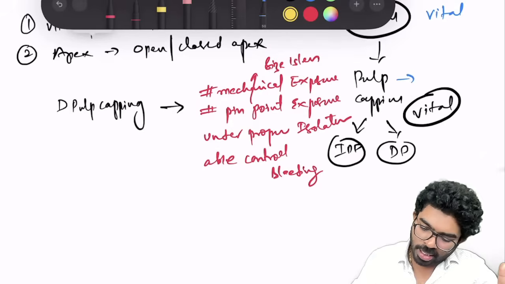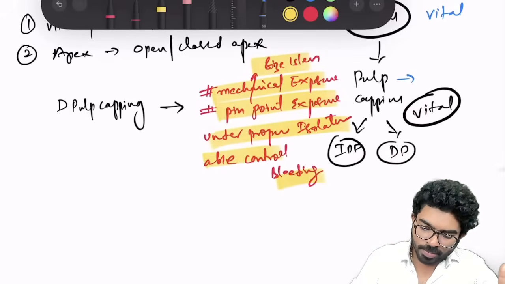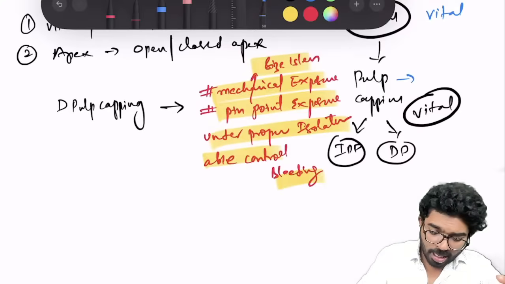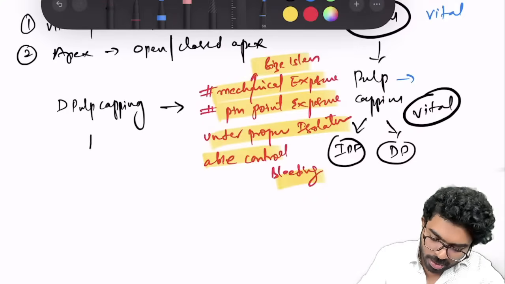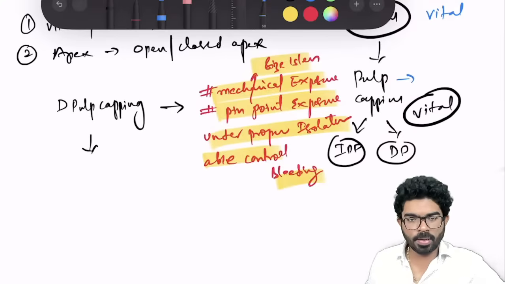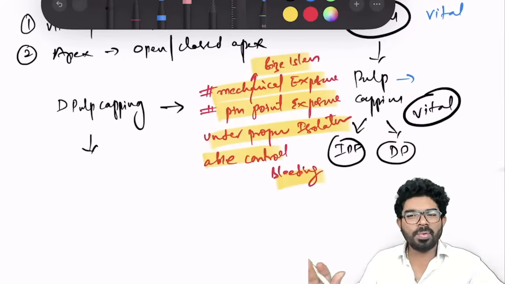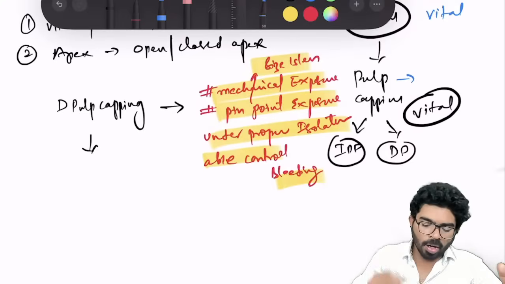So these are the key terms which will be given in the case of your direct pulp capping. And one important thing: if you check out the studies about pulp cappings, a couple of years back, according to the American Association of Periodontics, they said not to do direct pulp cappings in the case of primary teeth.